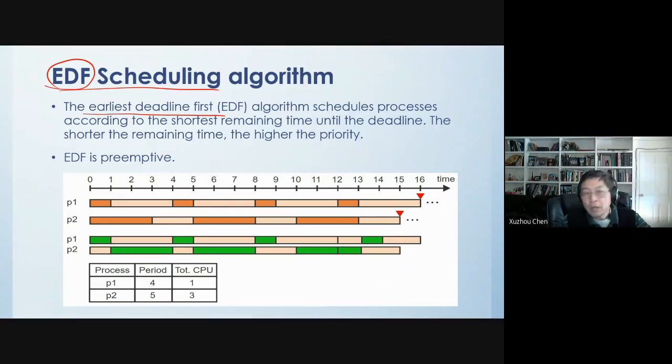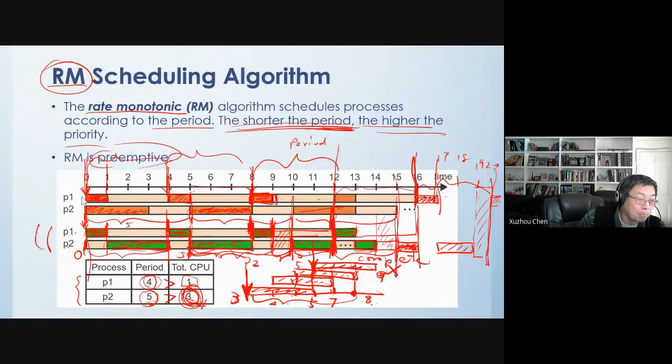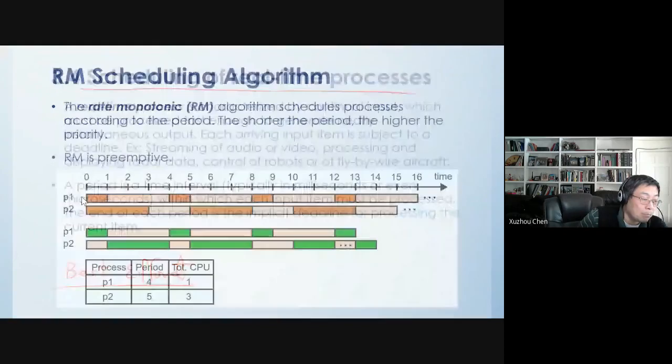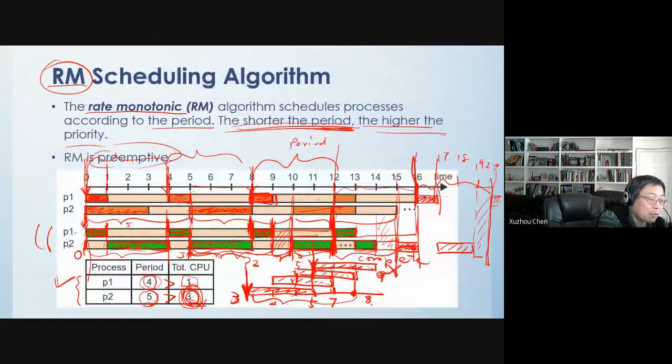The earliest deadline first algorithm prioritizes based on the shorter remaining time. Now let's take a look at the same example to see what's the difference. Based on RM, process 1 always has high priority, right?